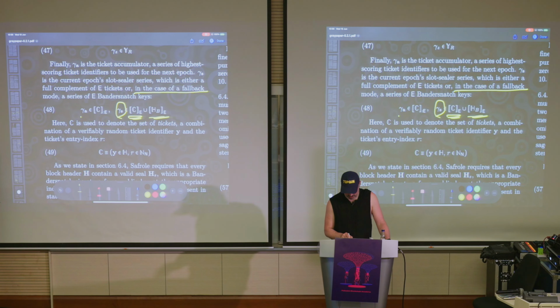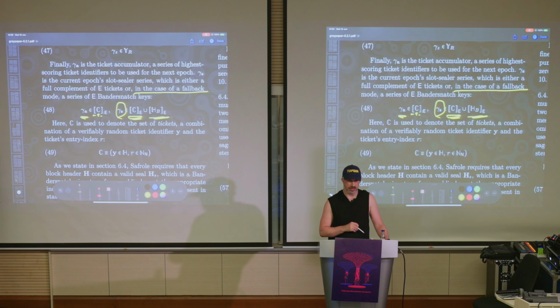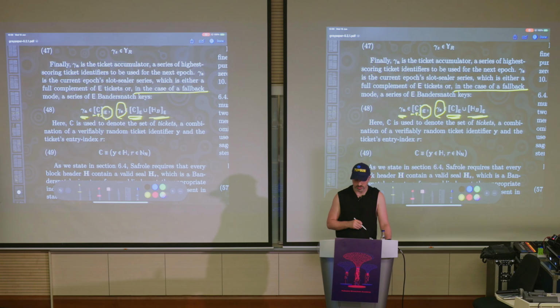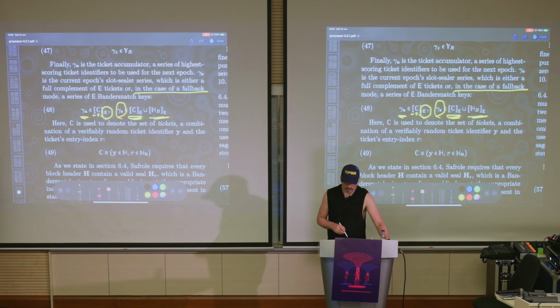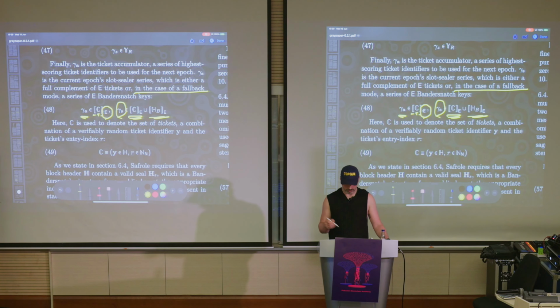As I say, gamma A is the ticket accumulator. Notice that Blackboard C is a ticket, the set of all tickets. These funny square brackets just mean we are defining a sequence of things, the sequence of tickets. It's subscripted colon E, where E is the number of slots in the epoch, 600.